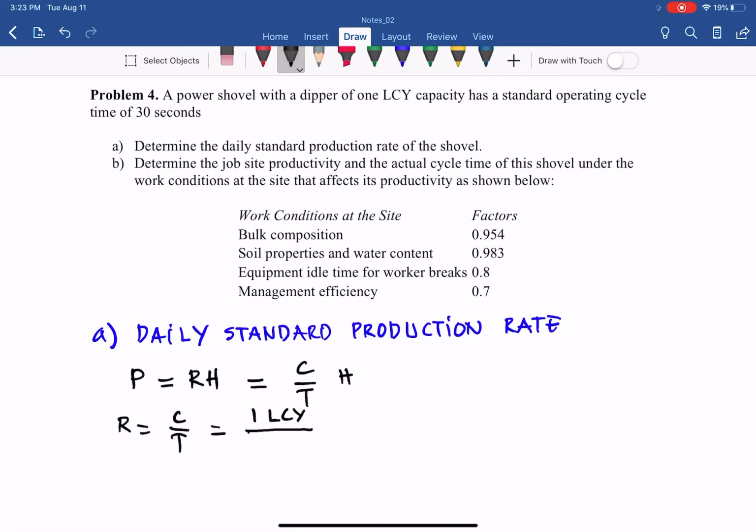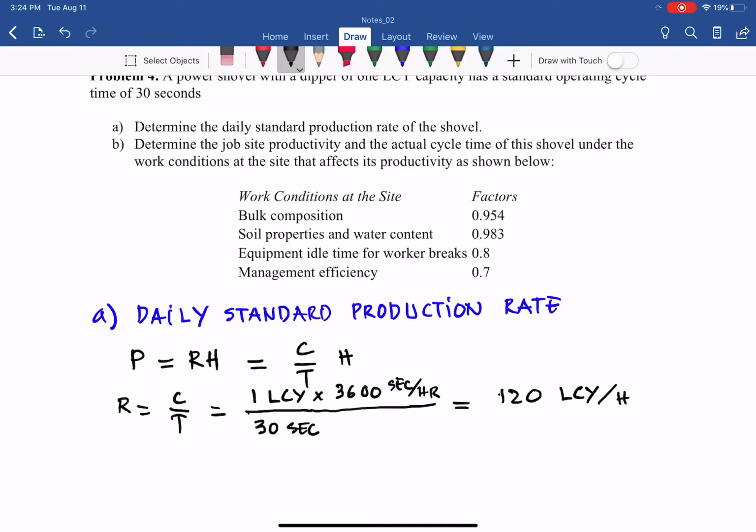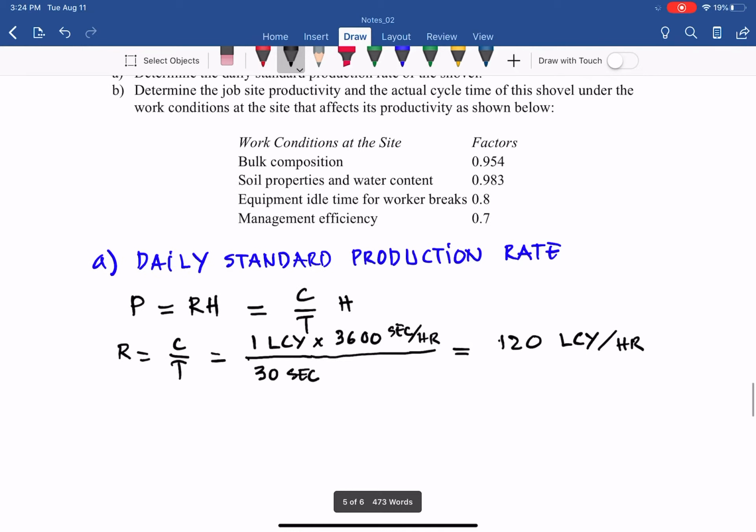But we want the standard production rate per hour, so you can convert that into per hour. We have to multiply the numerator by 3600 seconds per hour. With that conversion, we get the standard production rate R equal to 120 loose cubic yards per hour. So unit conversion is very important.